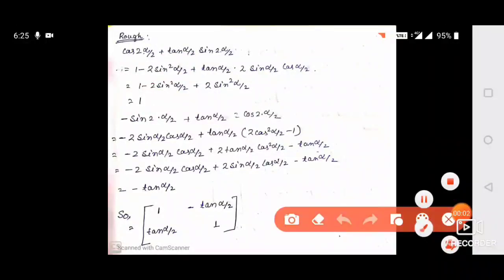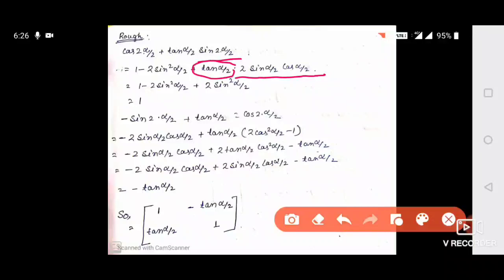And we have written 2 sine alpha by 2 cos alpha by 2 in place of sine 2 alpha by 2. This is the formula of sine 2x, which is 2 sine x cos x. Now tan alpha by 2 can be written as sine alpha by 2 by cos alpha by 2. And after that we can cut cos alpha by 2 and this cos alpha by 2. From there we will get 2 sine square alpha by 2. And from this line we will get this 1.